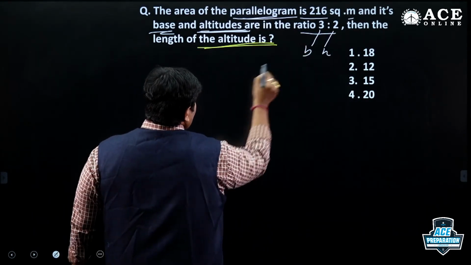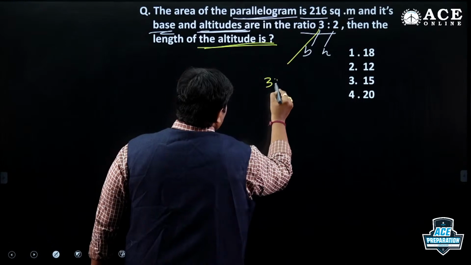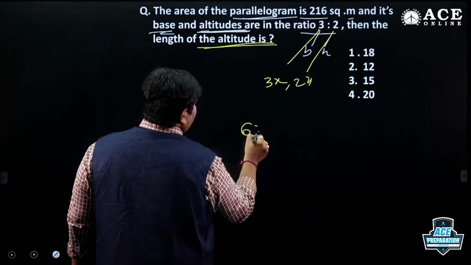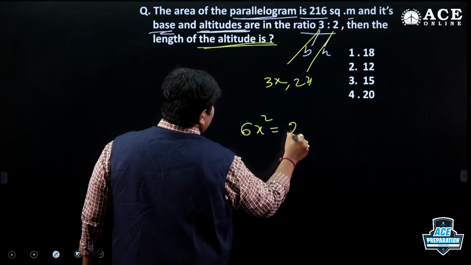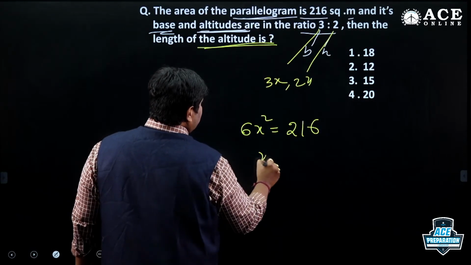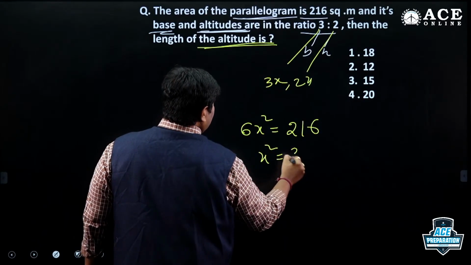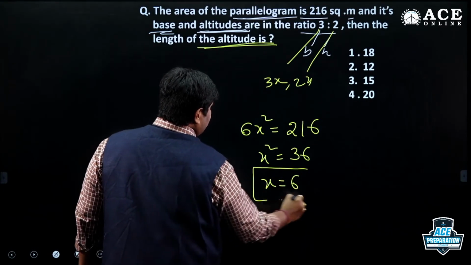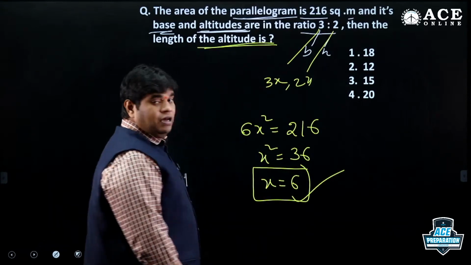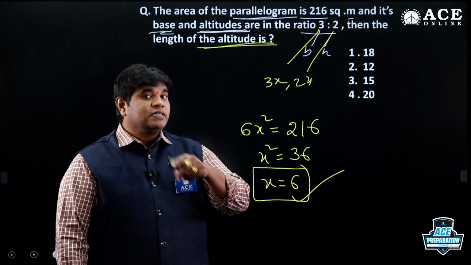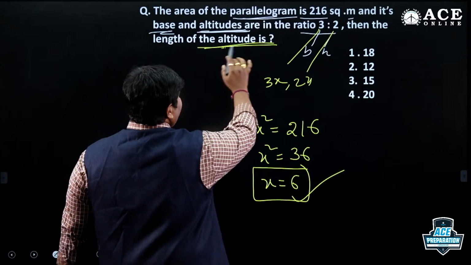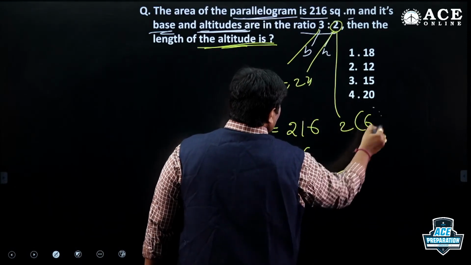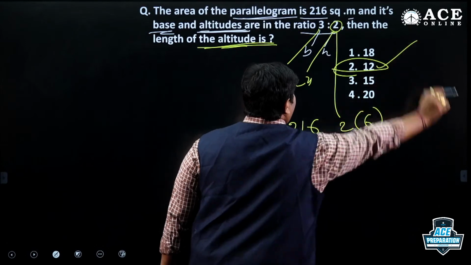So B into H. Immediately 3x and 2x you can assume. So 6x square is equal to 216. So x square is equal to 36. Then x is equal to 6. I'm getting x value 6. But what is the requirement? The length of the altitude. Altitude means 2 into 6, 12. So option B is the answer, friends.